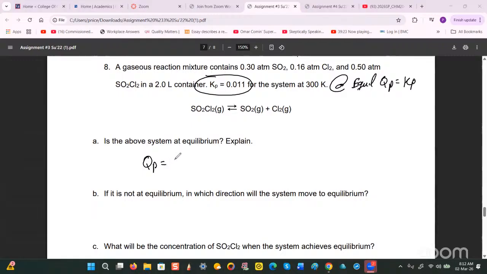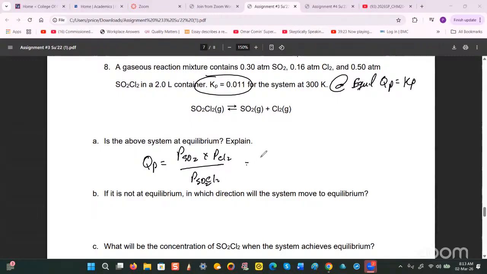So Qp would be equal to the concentration of SO2 times the concentration of Cl2 divided by, okay, I'm already messing up. This should be pressures, not concentrations. So this should be the pressure of SO2 times the pressure of Cl2 divided by the pressure of SO2Cl2, right?